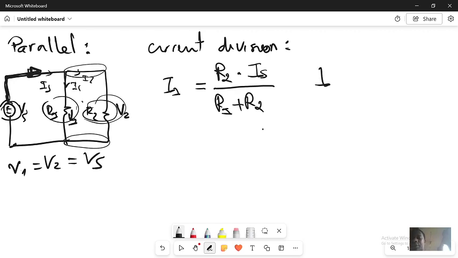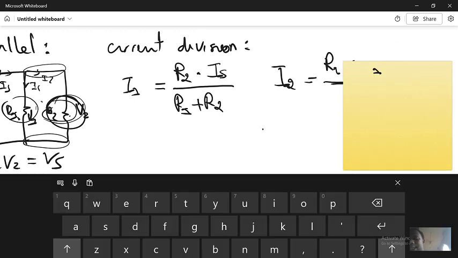Now if I want to find I2, the current flowing in R2, I take the opposite resistor, R1, multiplied by Is.